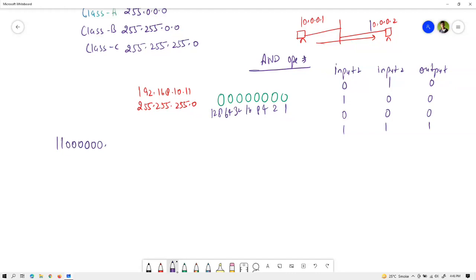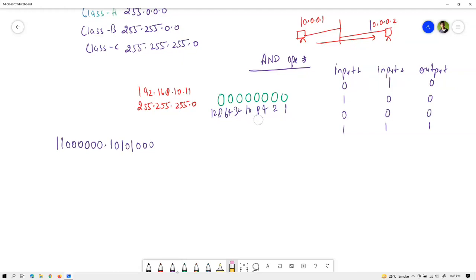For 168, what will be the binary? 128 plus 32 is 160, and then 8, so 10101000. This will be the binary for 168, right?